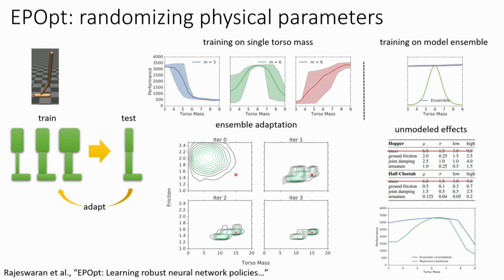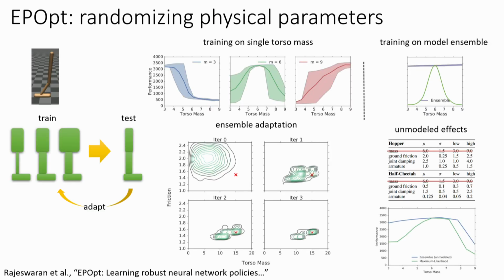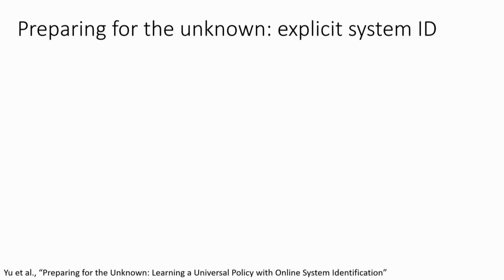All right, so far, this particular method relied pretty much entirely on training a feed-forward neural network policy that could just manage whatever mass or friction or damping parameter the simulator threw at it, which is sometimes possible but sometimes not possible. You can improve your odds by using a smarter policy design.